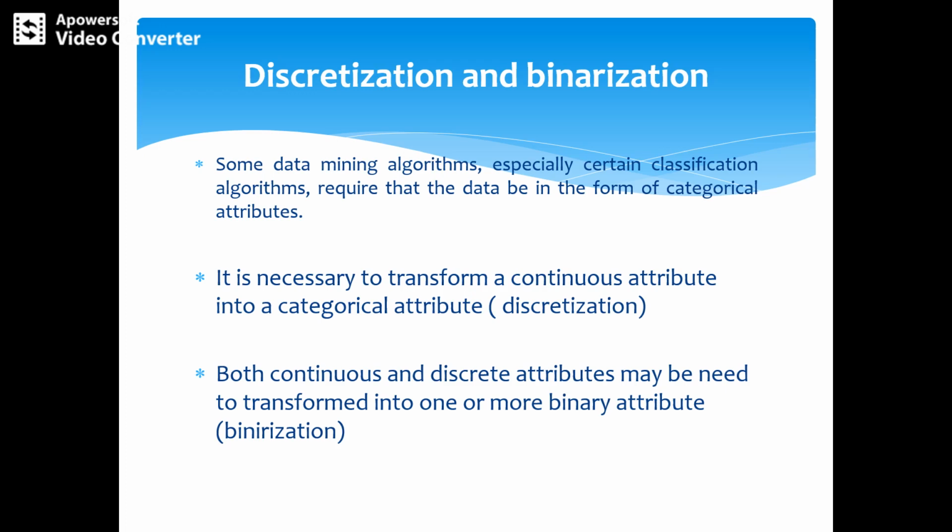Now, it is often necessary to transform a continuous attribute into a categorical attribute, which we call discretization. And both continuous and discrete attributes may need to be transformed into one or more binary attributes, which we call binarization.